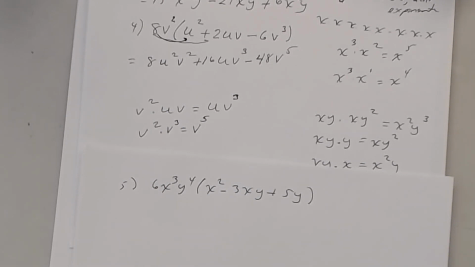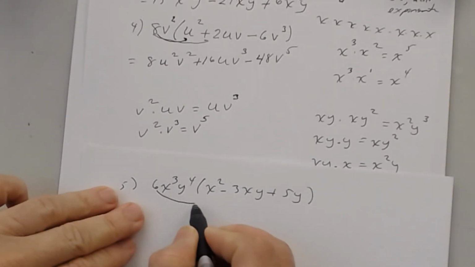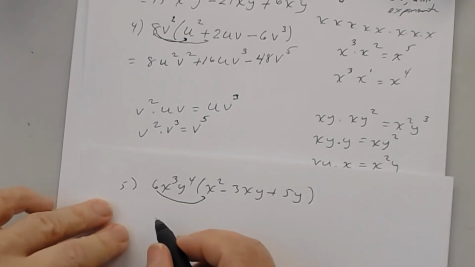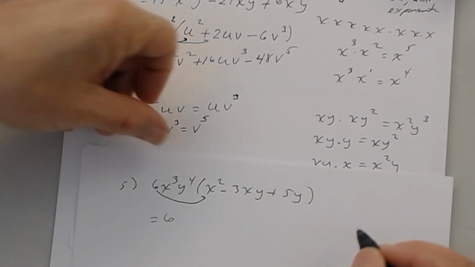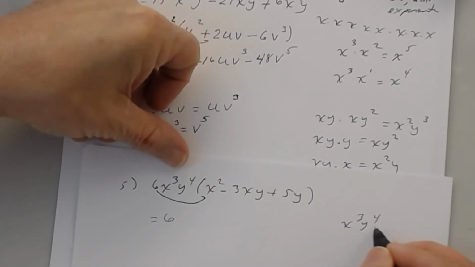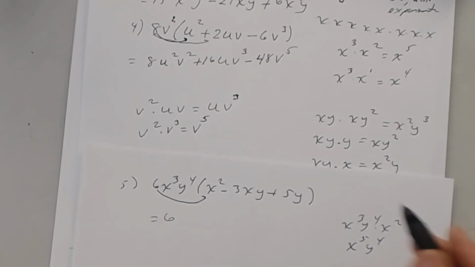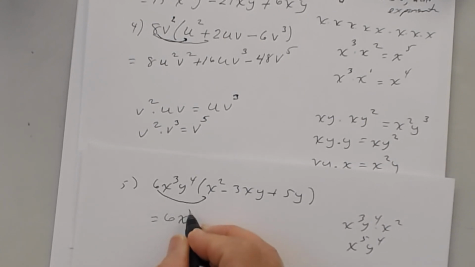Distributive property. So 6x cubed y to the 4th times x squared. So that's going to be a 6 so far, right? Let's figure out what x cubed y to the 4th times x squared is. What do you think it is? X to the 5th, y to the 4th, right? Because when we multiply like bases, you add exponents. X cubed times x squared is x to the 5th. So this becomes 6x to the 5th, y to the 4th.